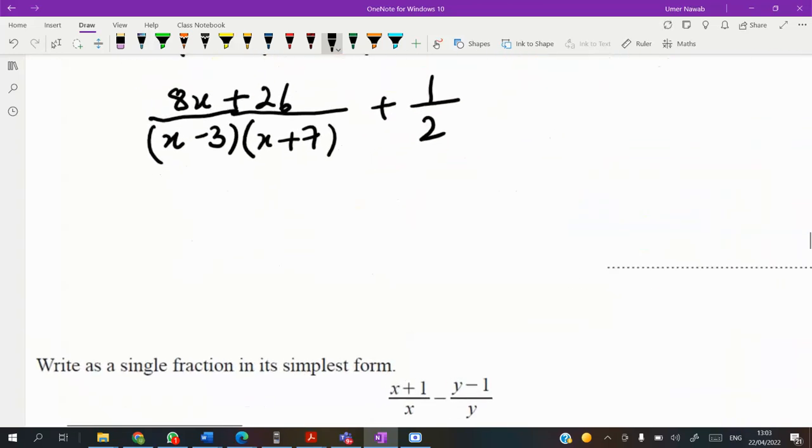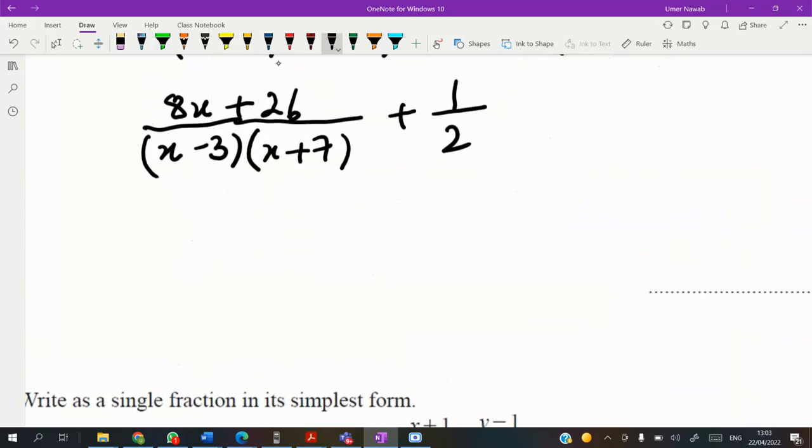I repeat the same procedure. This 2 is going to multiply here, and this is going to multiply here. But before this, keep the brackets on. Whenever you have more than one term in the numerator or denominator, in fractions you have to keep the brackets on.